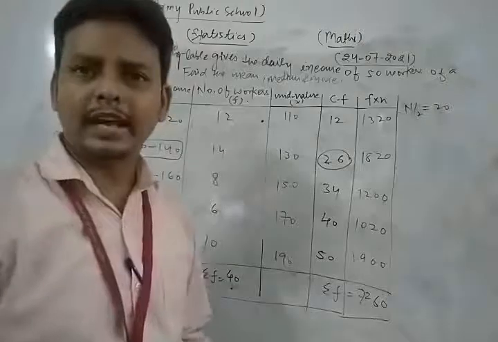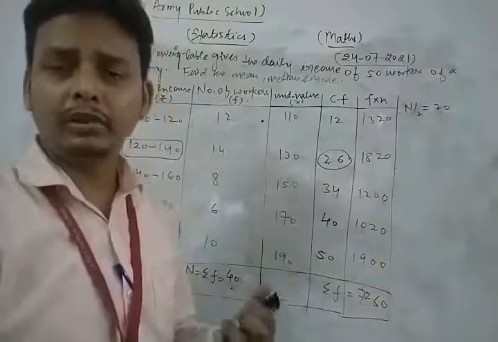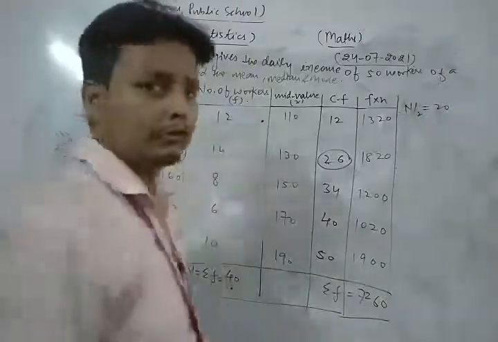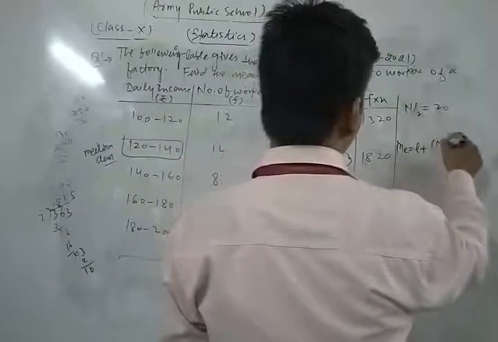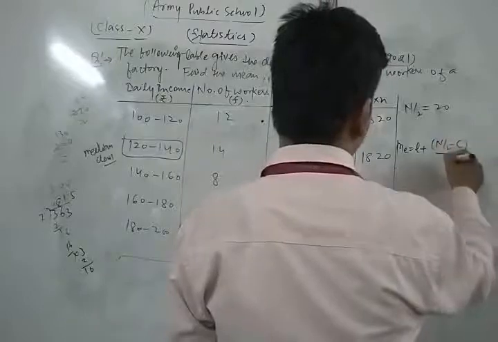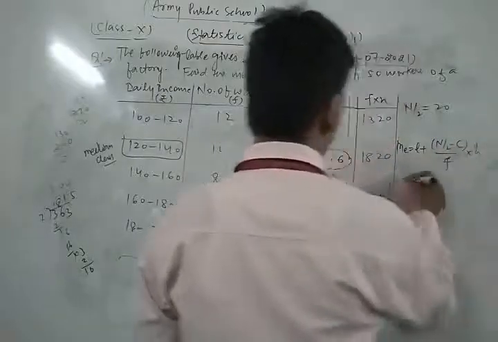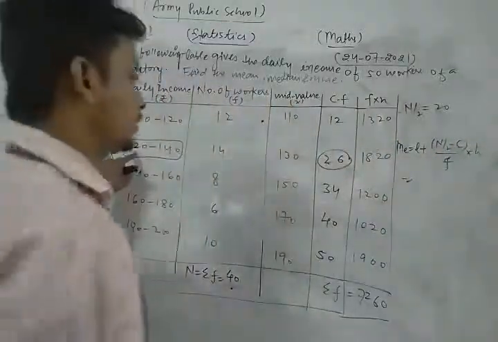And we also know the formula for the median: median is equal to l plus n by 2 minus c upon f into h. Now the lower limit of the median class is 120.